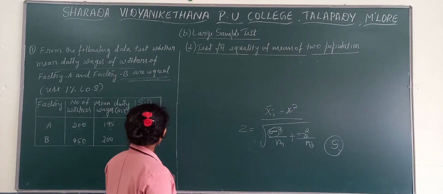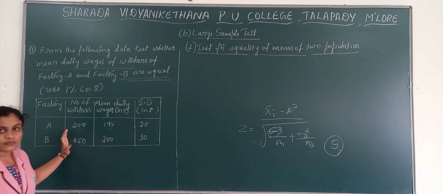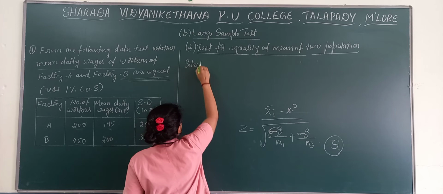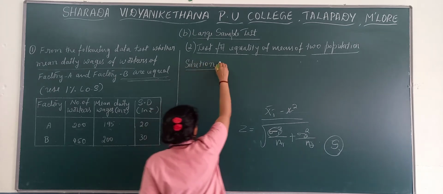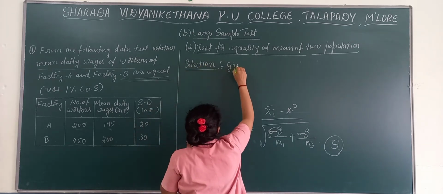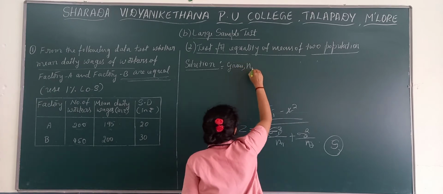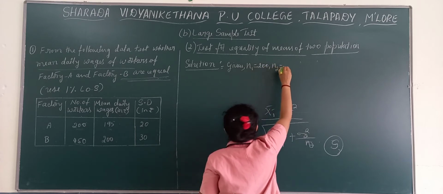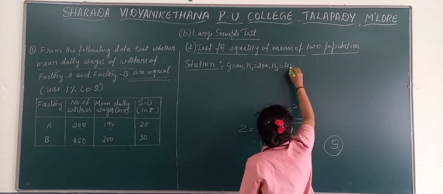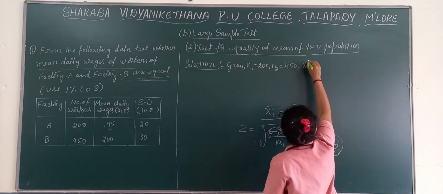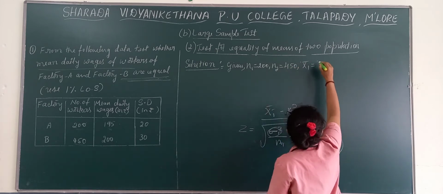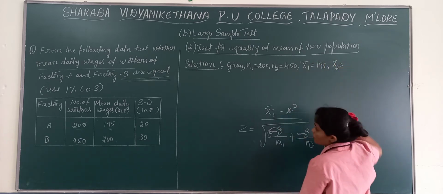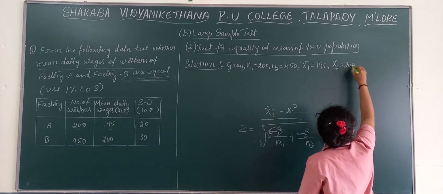Before that, we write the terms which they have given in the problem. Write the solution. The given values are n1 is equal to 200, n2 is equal to 450, the first sample mean x bar 1 is 195, and the second sample mean x bar 2 is 200.